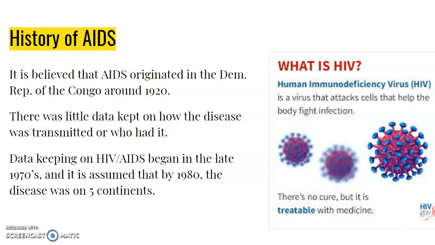There was very little data about AIDS and who transmitted it, how they got it, up until about the late 1970s. And by then, it had already started spreading across 5 continents. So there are a lot of stigmas around AIDS and those who have AIDS that need to be broken through time.